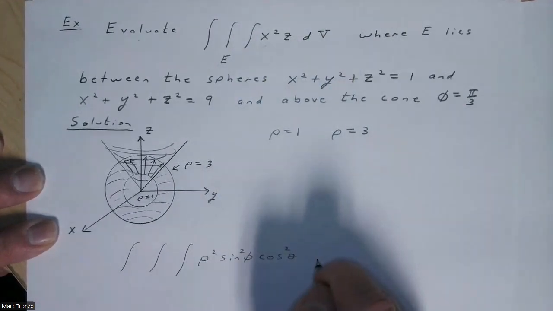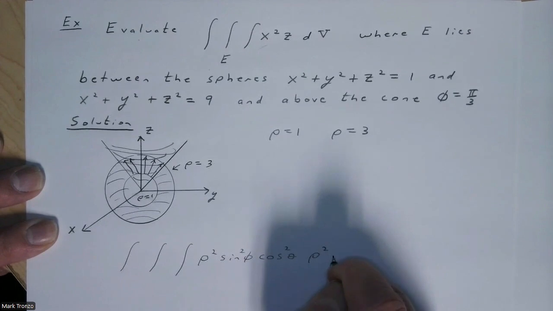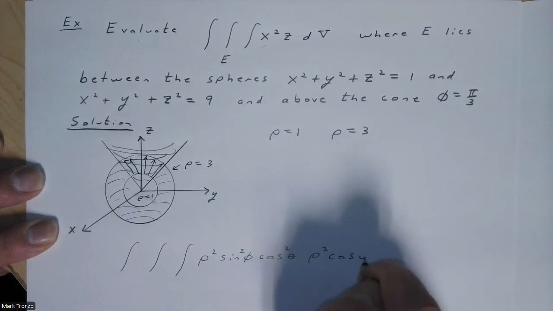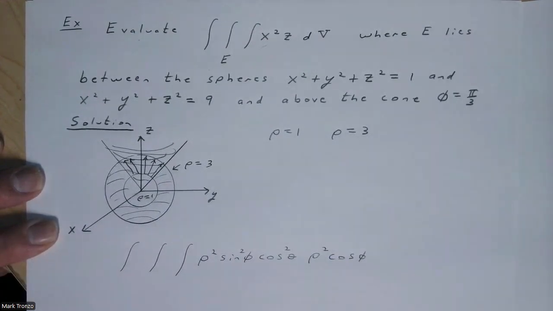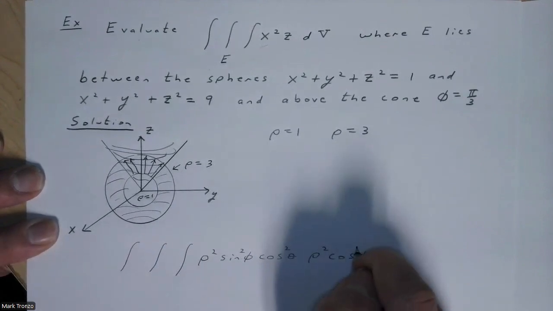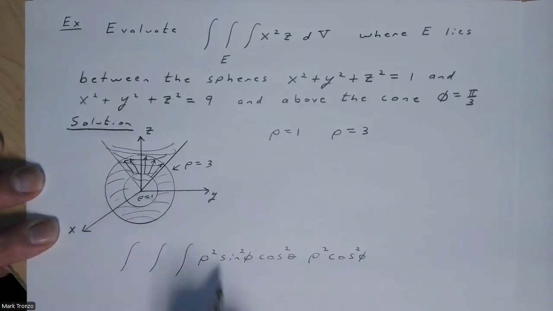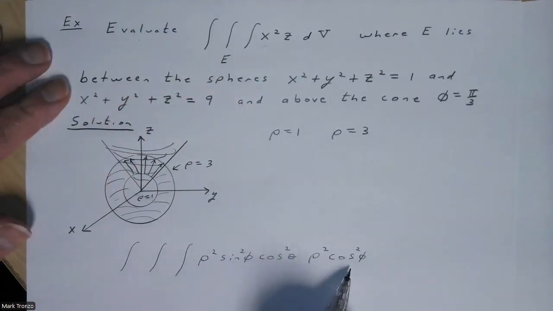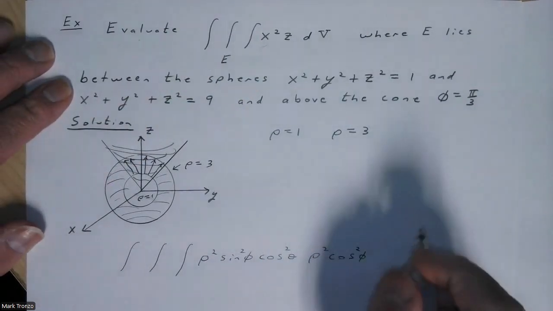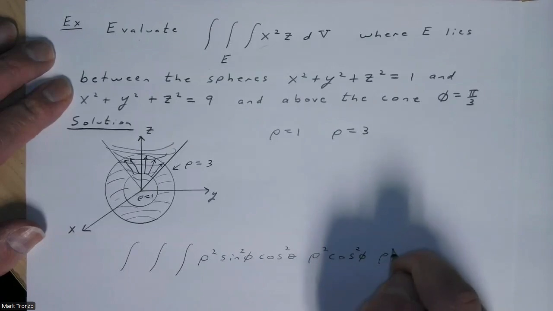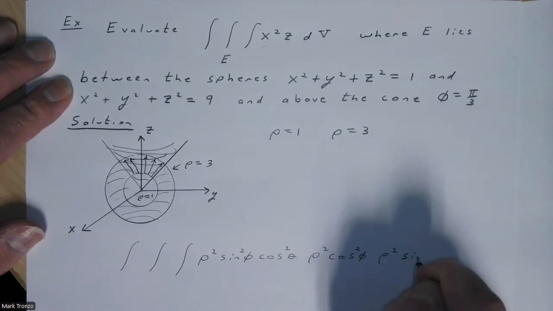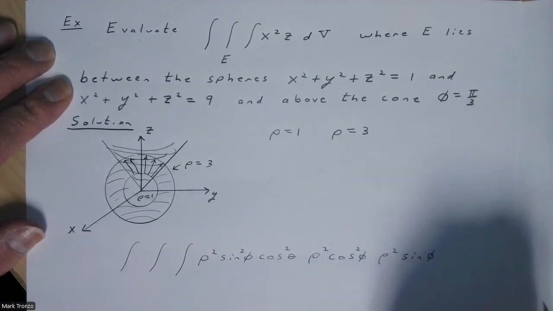And z, remember, that's rho cos phi, and again, we're squaring those, so we get something like that. So this is x squared, z squared. And then always remember your Jacobian, which is rho squared sine phi.